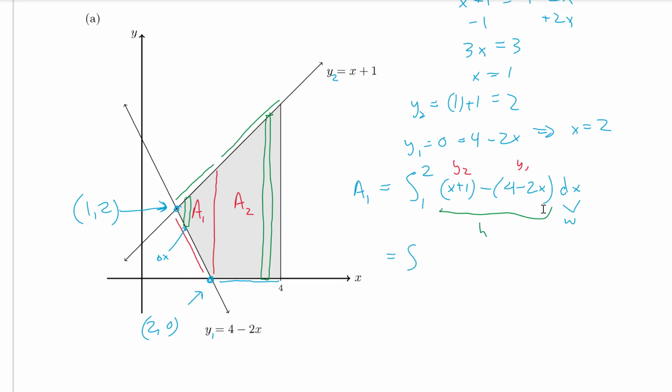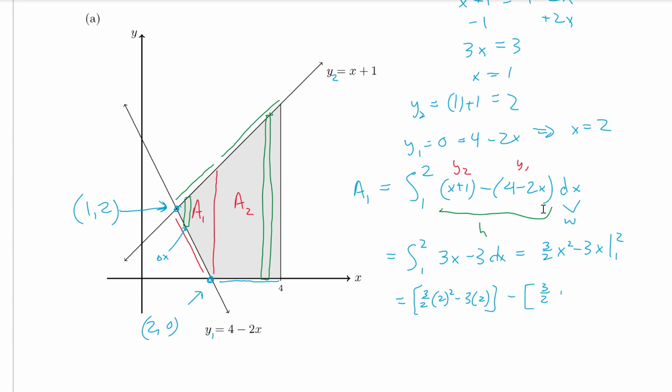We can simplify one step to make the integration a little easier. We get the integral of 3x minus 3 dx. And when we find the integral, we get 3 over 2 x squared minus 3x evaluated from 1 to 2. That gives us 3 over 2 times 2 squared minus 3 times 2, that's the antiderivative evaluated at 2.